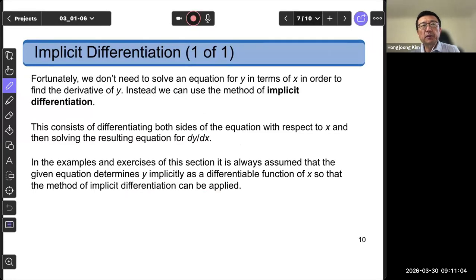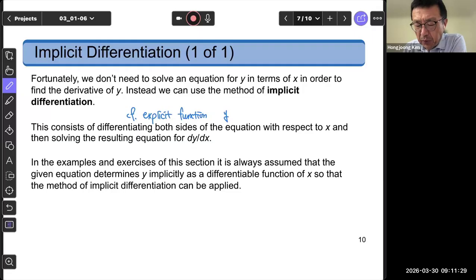And then we considered implicit differentiation. When I say an explicit function, that means this variable y is given in terms of x.